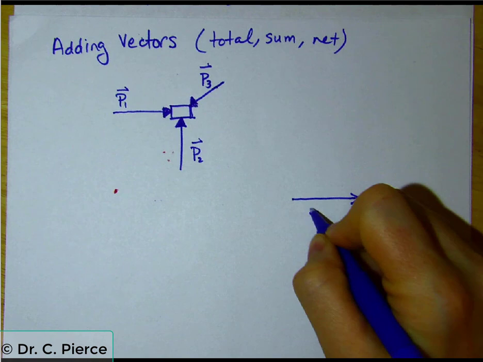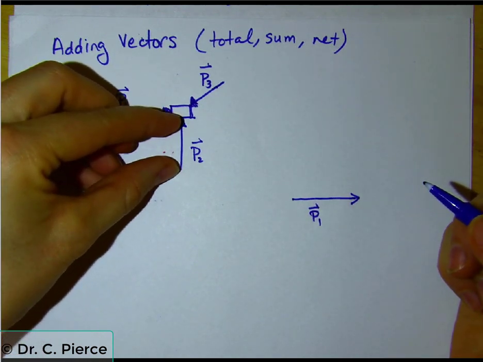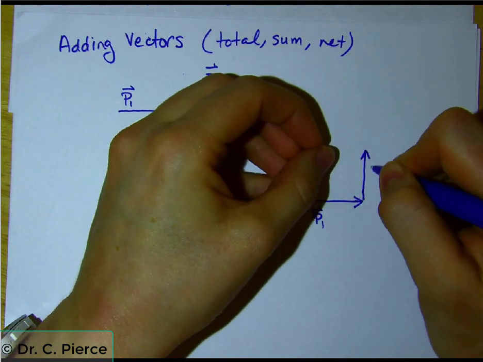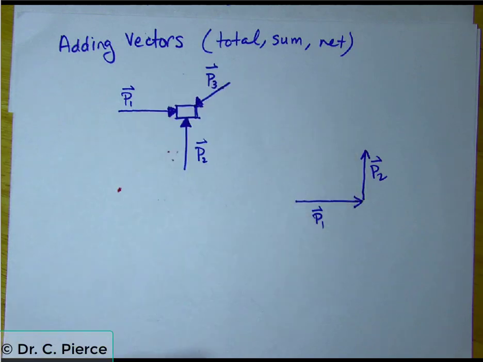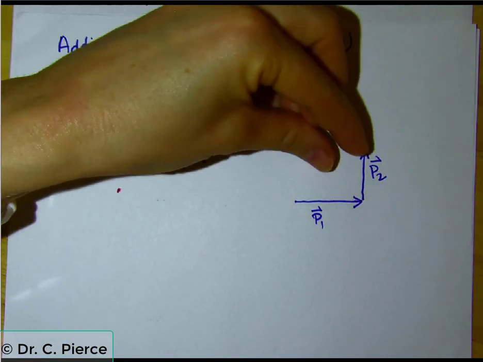So P1. And then let's add that to P2. So we're going to take this and redraw it over here, trying to keep the direction and length the same, and P3.